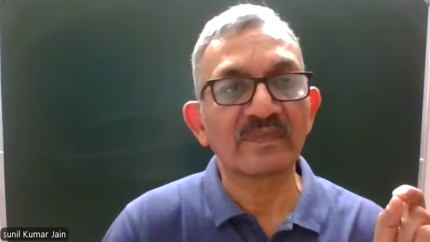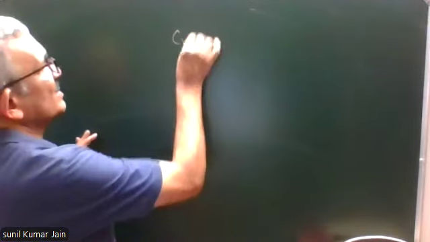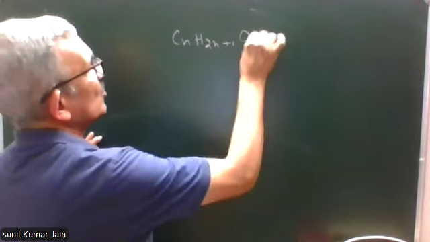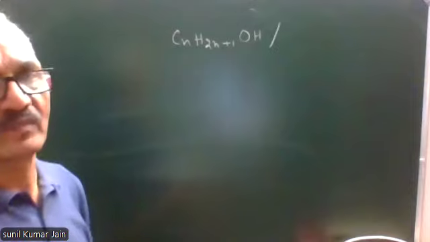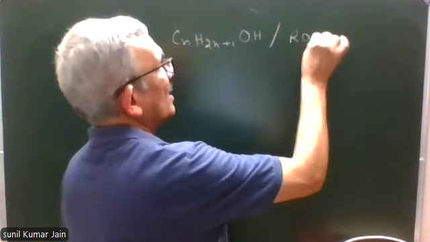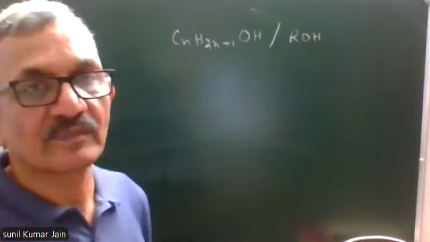Aliphatic means open chain, called an alkyl chain. Their general formula is CnH2n+1OH or ROH.